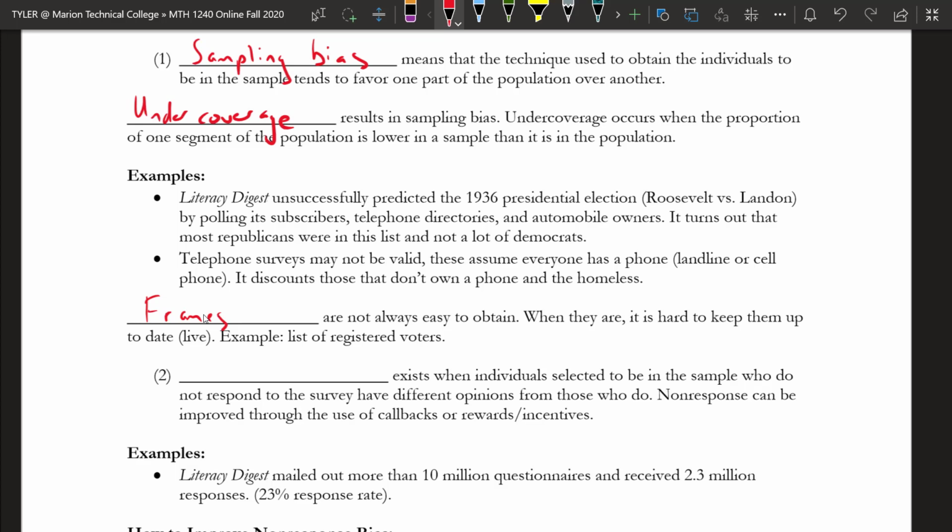That actual list is going to change. If I ask for the frame today and then I'm planning out my survey and can't get to doing it for another week, the list is already not up to date, because some people probably registered to vote in that time. So frames are hard because they're not fixed or static. They can change.